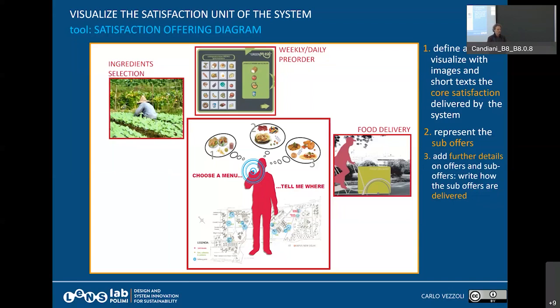Usually, while presenting a concept, as you will be doing, the offering diagram could be the first image that you present, okay? And then you go into the detail, so that when one is listening, they start to understand something, and get better what the concept is, okay?